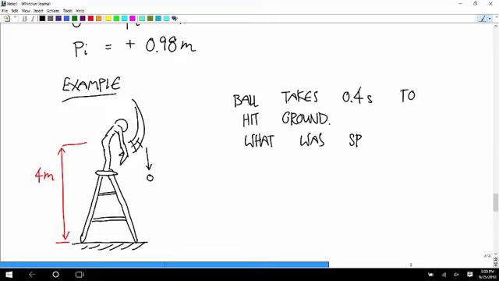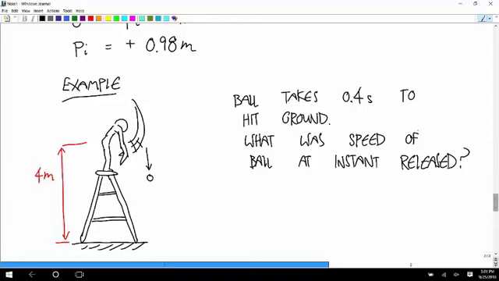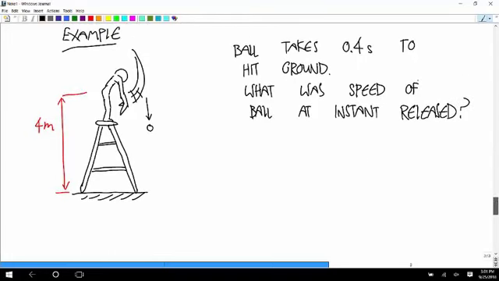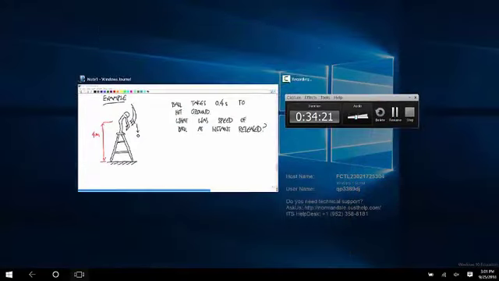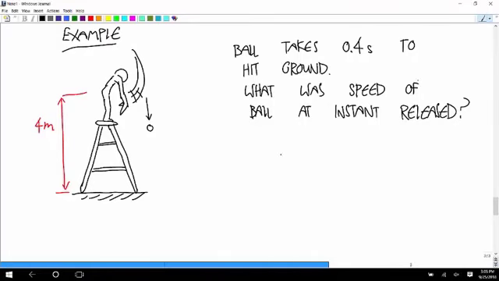What was the speed of the ball at the instant it's thrown? Okay, see if you can work through that one. Go through this.